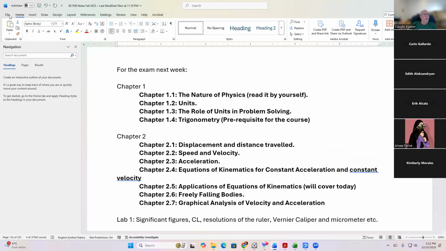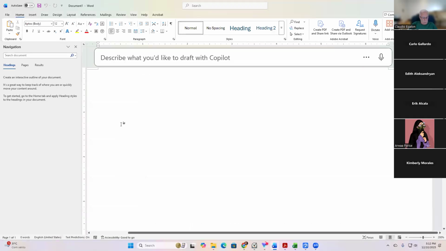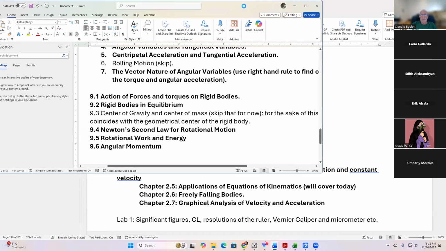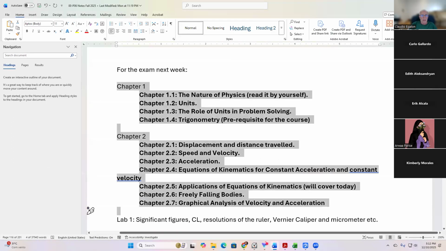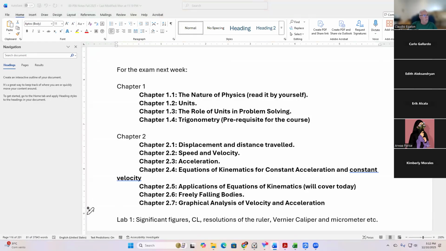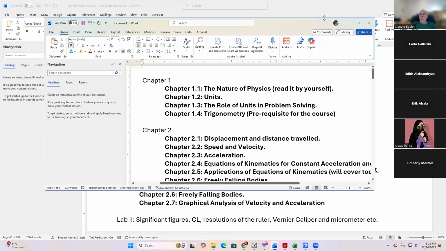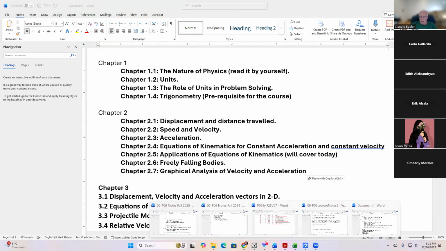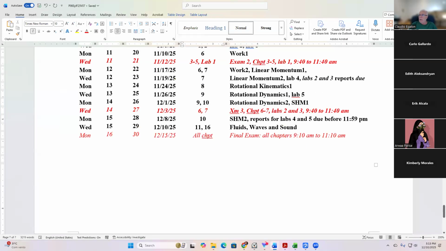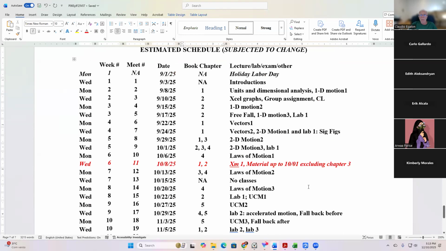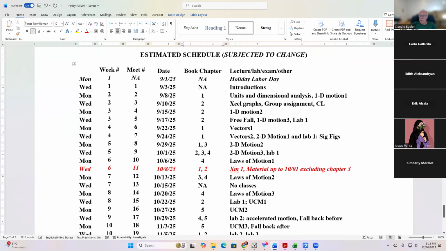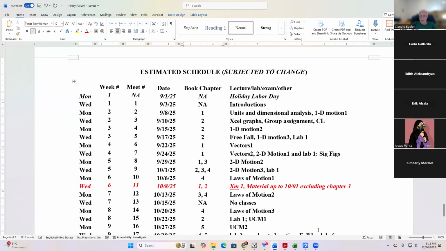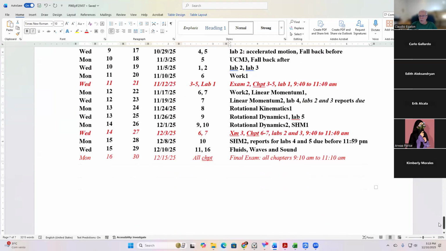Okay, right here. Chapters 1 and 2. Chapters 1 and 2 were for the exam, excluding the exam material. Chapter 1, 2, exam 2, 3, 4, and 5, 6, and 7.